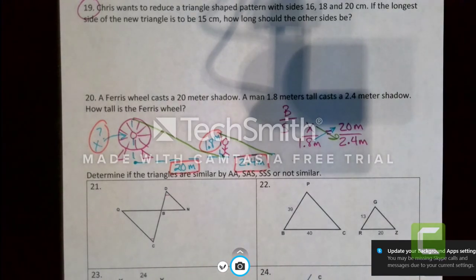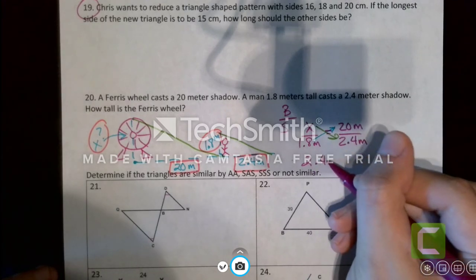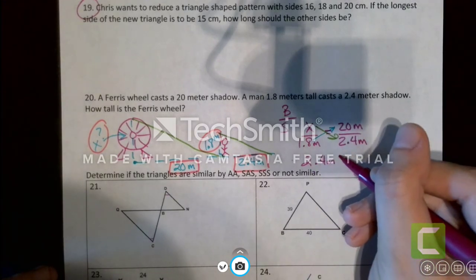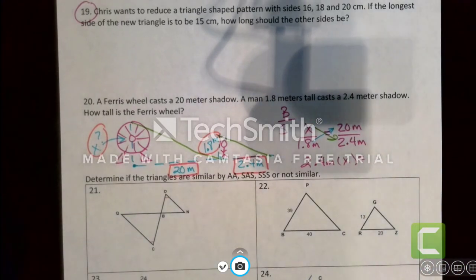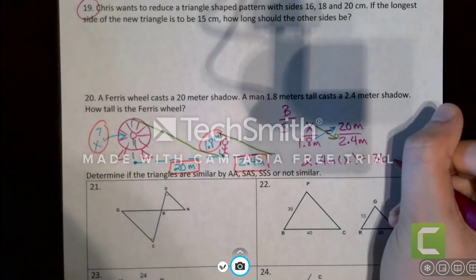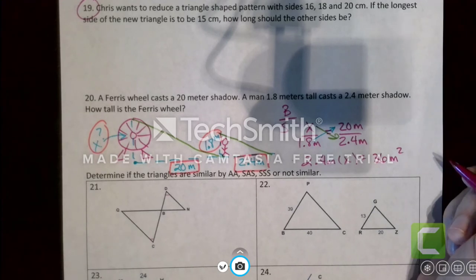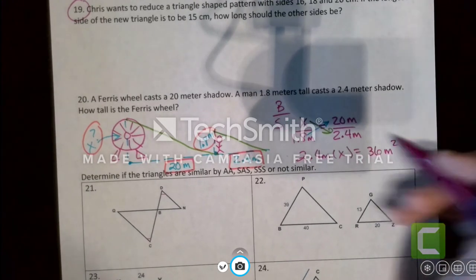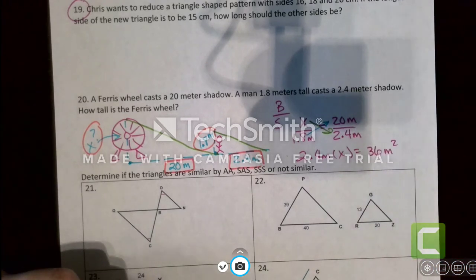So on the right side of your equation, you should have 2.4 meters times x is equal to 20 times 1.8 meters to get you about 36 meters squared. I'm squaring because I'm multiplying 2 of my meters measurements together.